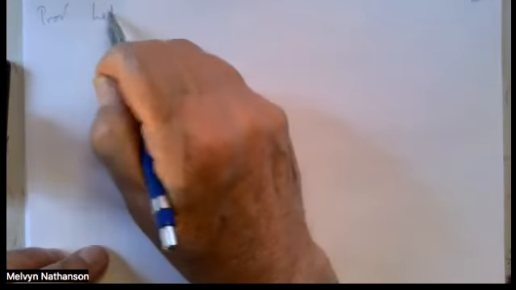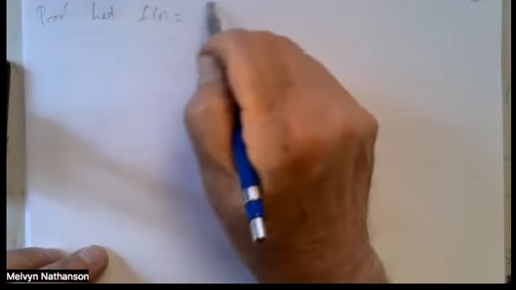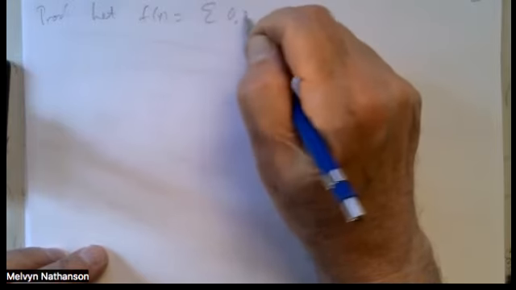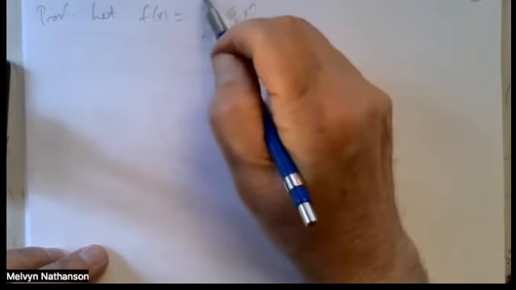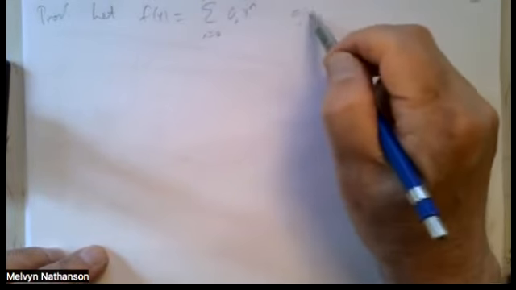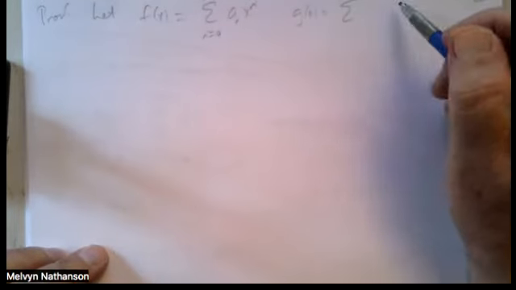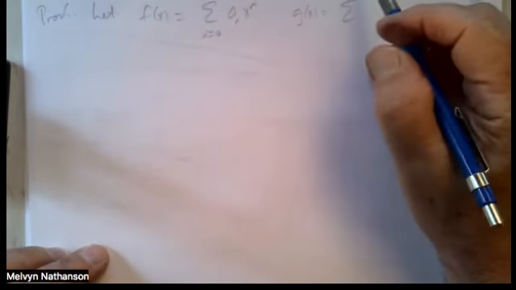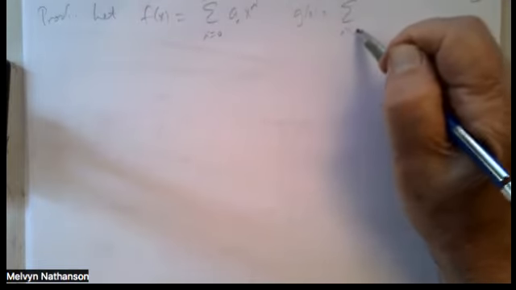So suppose we have two polynomials. f of x is summation a sub i x to the i, i goes from 0 up to m, and g of x is summation, I equals 0 up to n, b sub i x to the i.